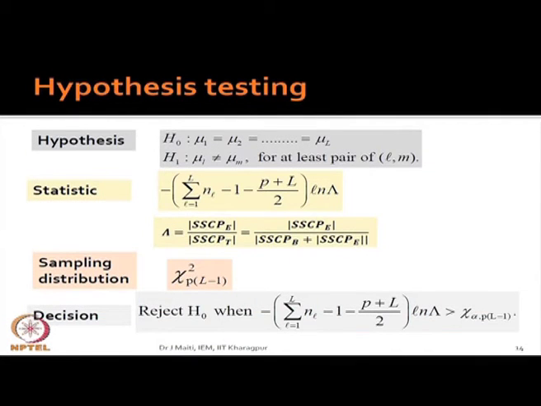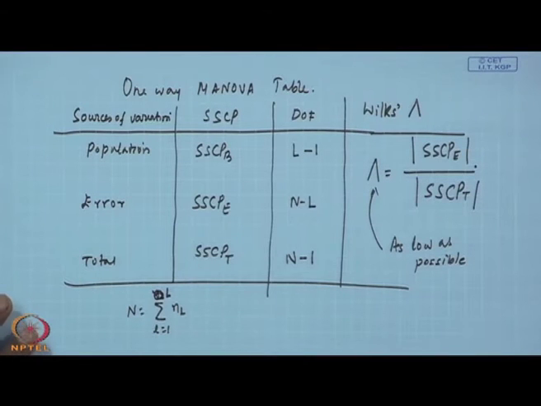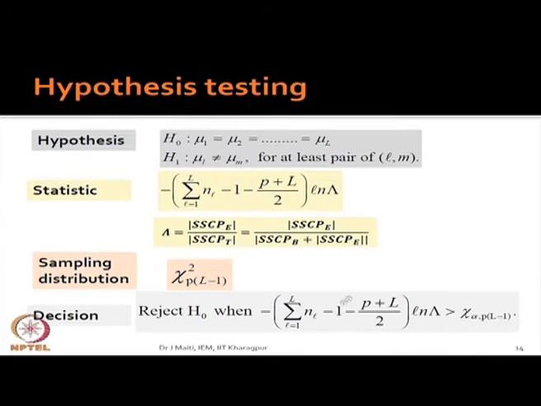Okay. Now, whatever we have developed so far, based on this we want to test the hypothesis. What are the hypotheses? Null hypothesis and alternative hypothesis. In our case, the null hypothesis is there is no difference in the mean vectors for all the populations, and the alternative hypothesis is at least one pair of populations is different in terms of their mean vectors.